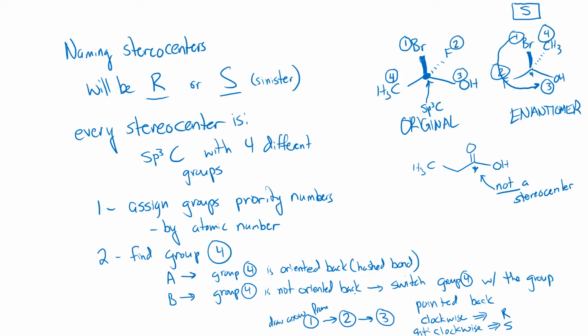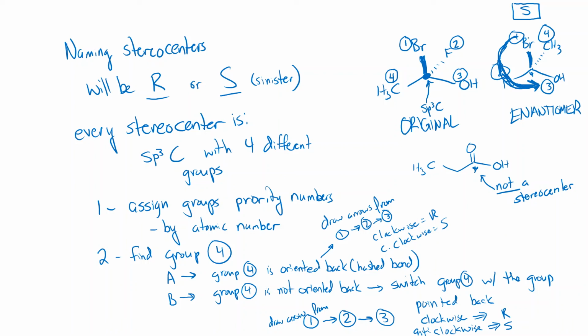This is actually the same thing that happens in scenario A. In scenario A, we draw arrows from 1 to 2 to 3, and then again clockwise equals R, counterclockwise equals S. So you're just starting your arrow at 1 and drawing the arrows all the way around to get to 3, right?